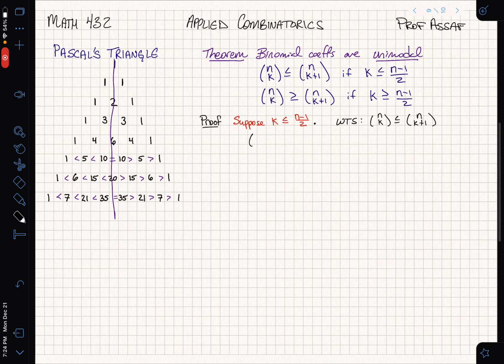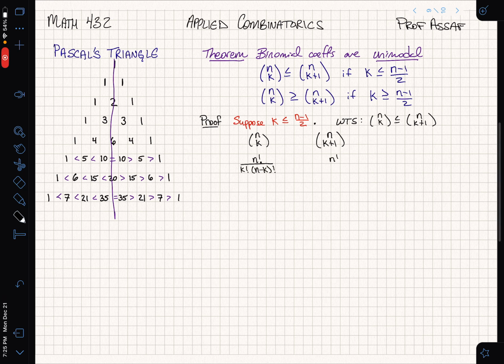Okay, so on the one side, I'm going to have n choose k, and counter to that, I'm going to have n choose k plus 1. The first step is to expand, because these are weird symbols that don't really have much analytic value until we write down their expressions. So this is n factorial divided by k factorial times (n minus k) factorial.